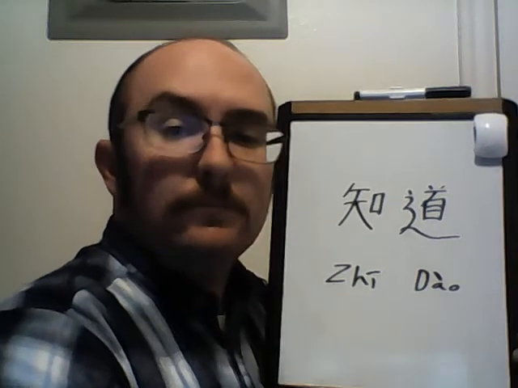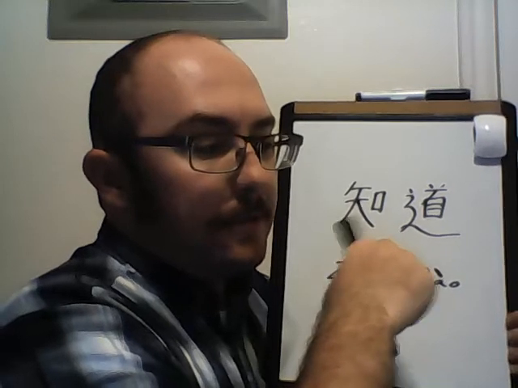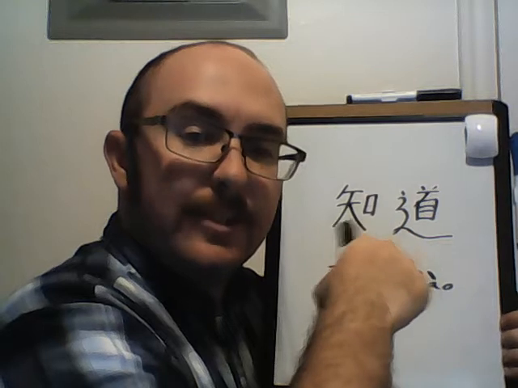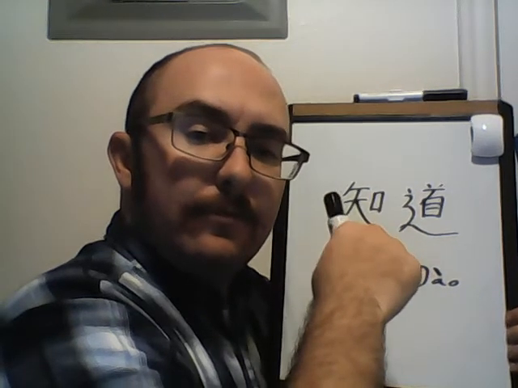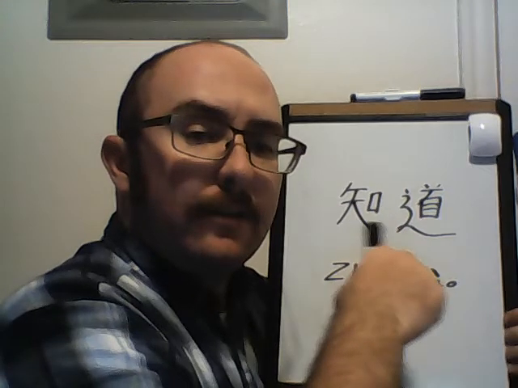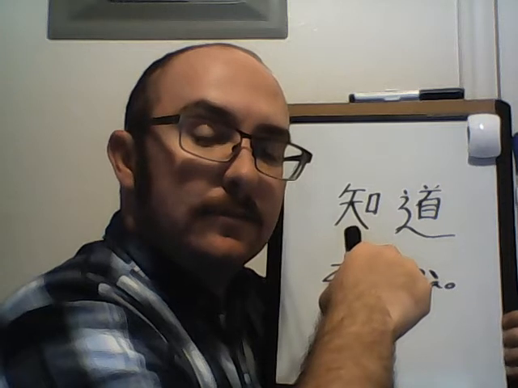So yeah, 知道. Now, we talked in a previous video about the grammar principle for how to ask a verb yes or no question, where it was verb, 不, verb. Now when it's a 2-character verb like this, you repeat the first one.